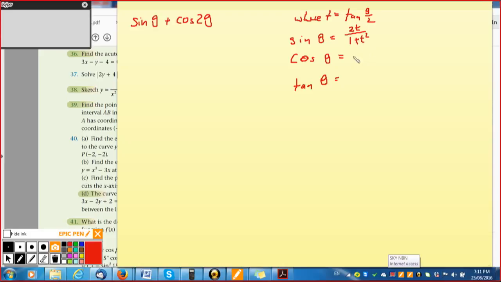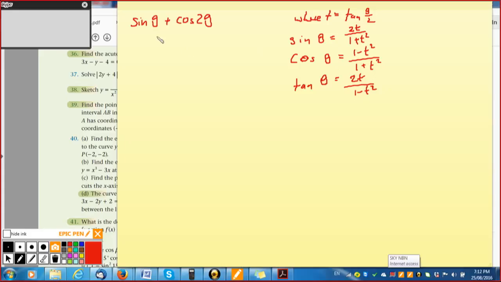And then the other one, cos theta, is equal to 1 minus t squared over 1 plus t squared. And then the last one, tan theta, is 2t over 1 minus t squared. Got it? Right, so that's where we're coming from.